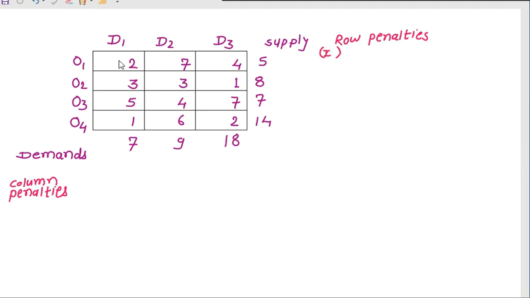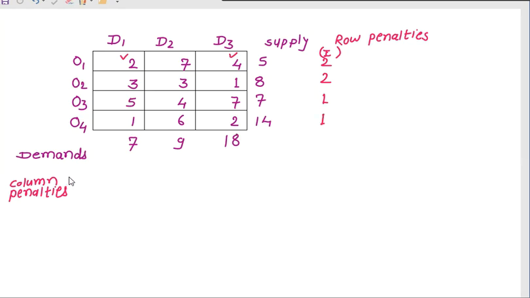The difference between the lowest and second lowest. In the first row, the lowest cost entry is 2 and the second lowest is 4, so the difference of 4 and 2 is 2. In the second row, the lowest entry is 1, second lowest is 3, the difference is again 2. In the third row, the lowest entry is 4, second lowest is 5, 5 minus 4 is 1. In the fourth row, the lowest entry is 1, second lowest is 2, and the difference is 1.